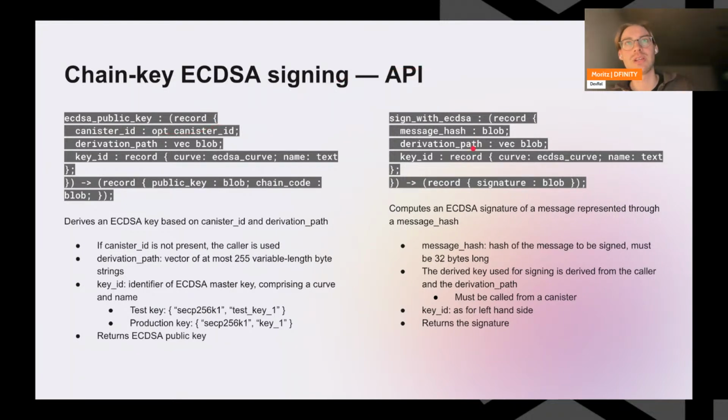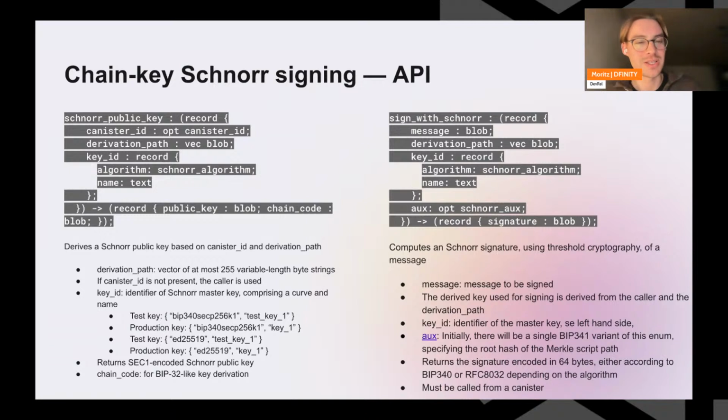But when it comes to signing, of course, I cannot trigger a signature from your canister. In this case, the caller of this function, and that is always a canister, is derived. So only a canister can create signatures with its own ECDSA key pair, but not on behalf of others. And that makes sense.